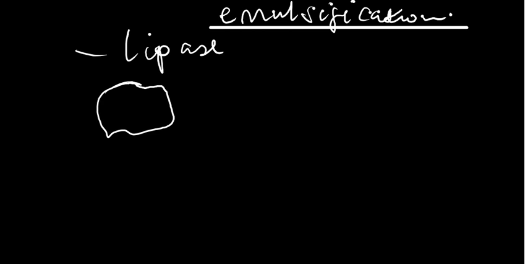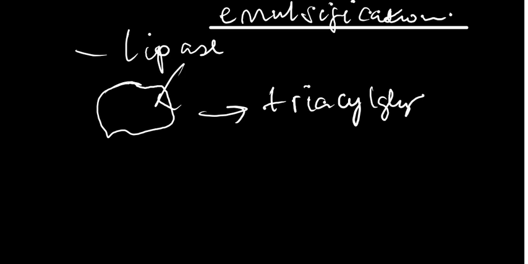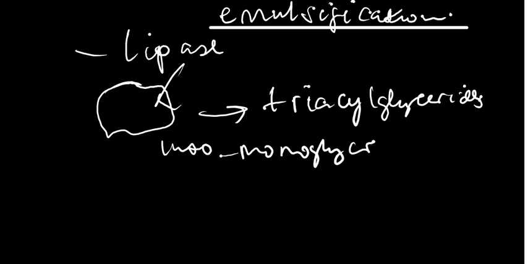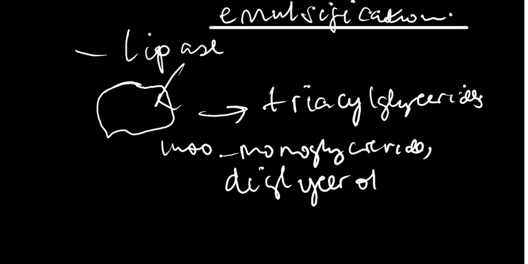So the water soluble lipase is now able to interact with the lipid, or rather the micelles, and this is what converts the lipid, the triacylglycerides, into monoglycerides, diglycerides, meaning two, as well as fatty chains.